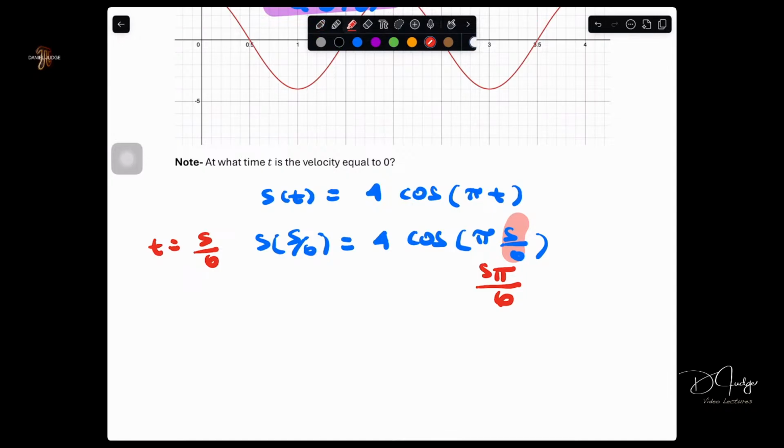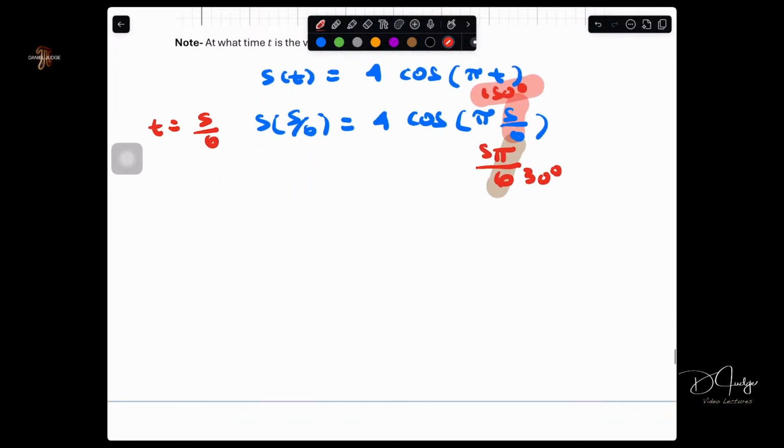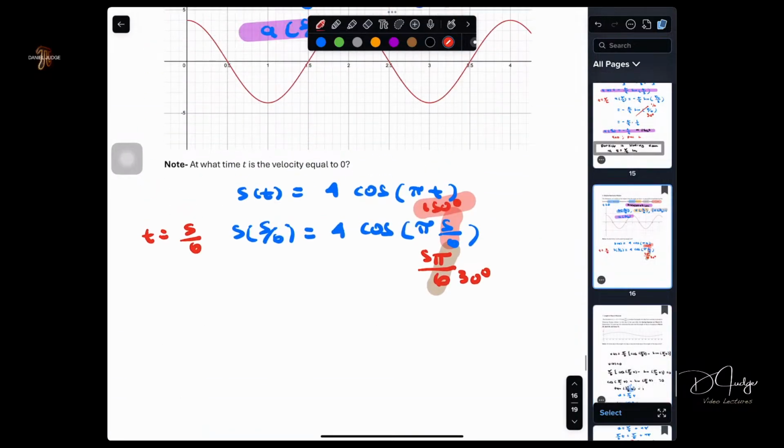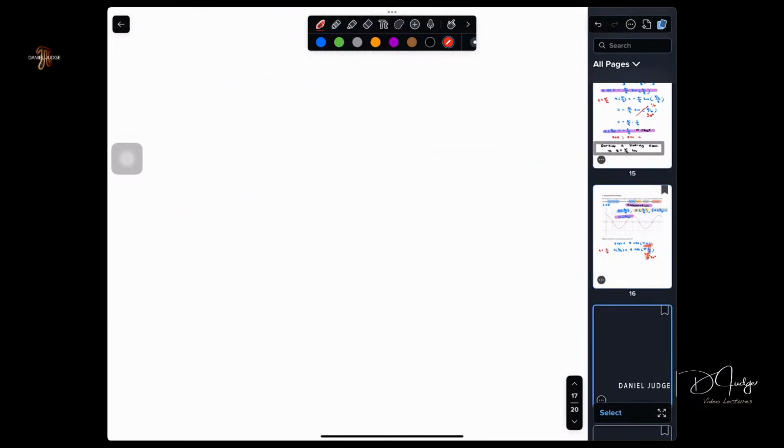So let's recall, pi over 6, I believe, is 30 degrees. So 5 times 30 will be 150. So I'm going to label this here 30 degrees. This is really 150 degrees. Okay. So we need to know what's cosine of 150 degrees.